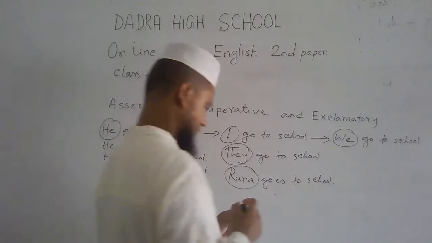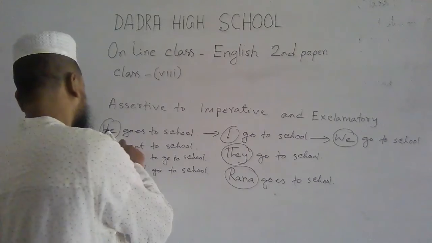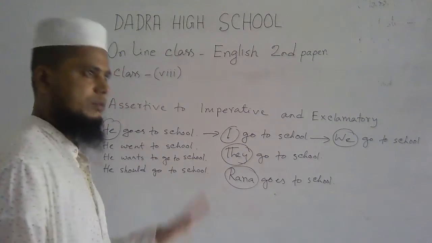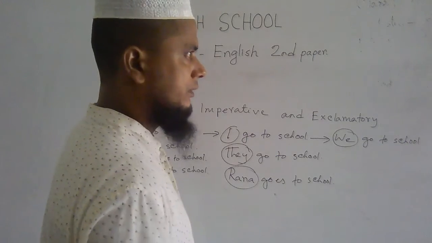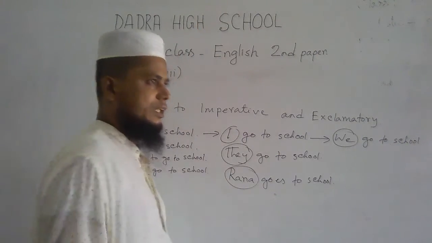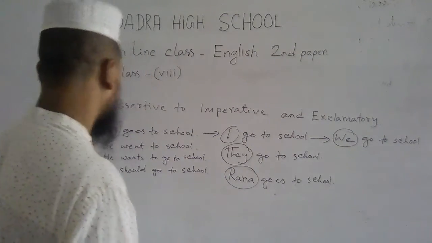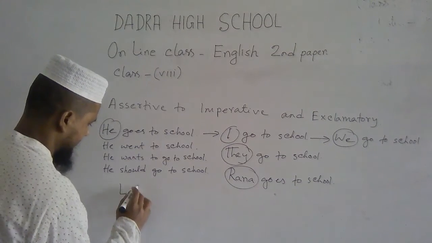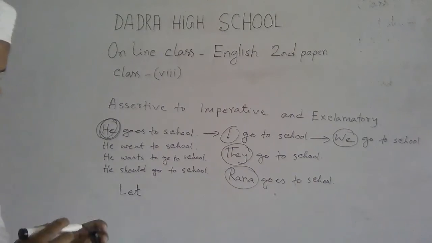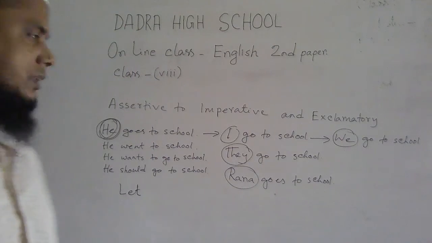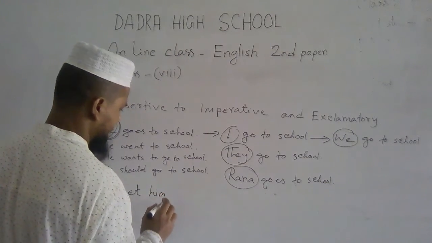That means if the subject of the assertive sentence is third person or first person, to make it imperative, you will take first "let". Then you have to change the subjective case into objective case, him from he.